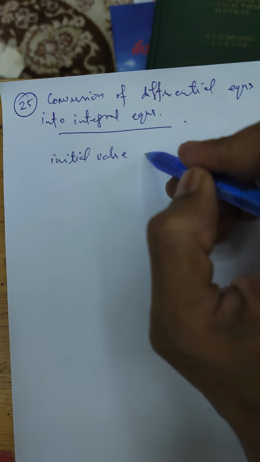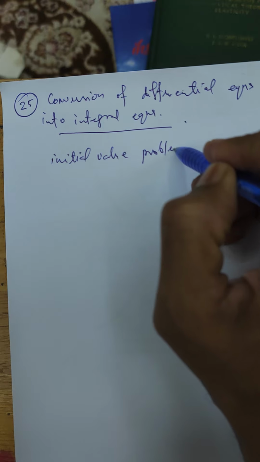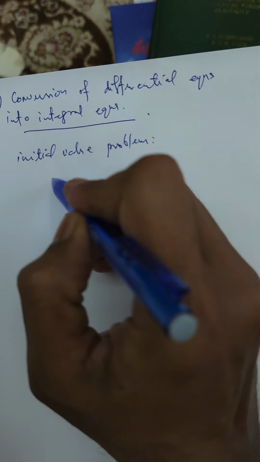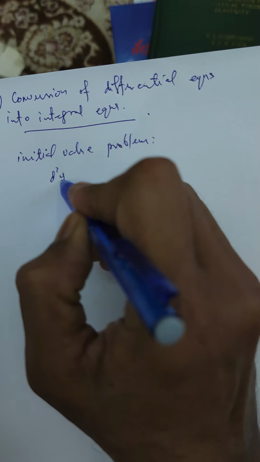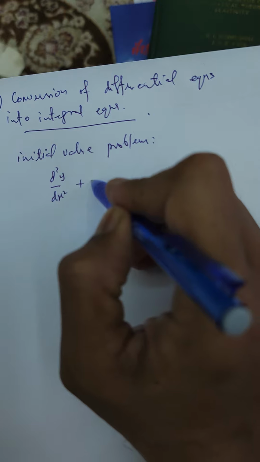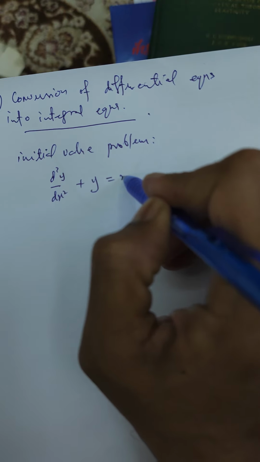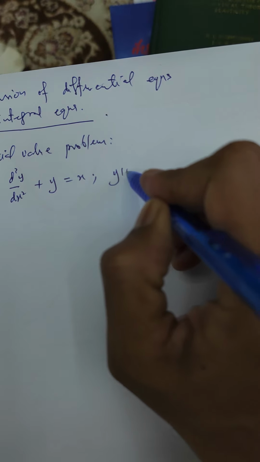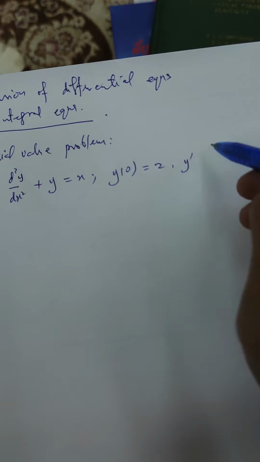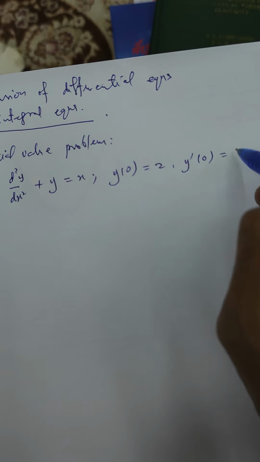Initial value problem: for example, we have d²y/dx² plus y equal to x, with the condition that y(0) equal to 2 and y'(0) equal to 3.